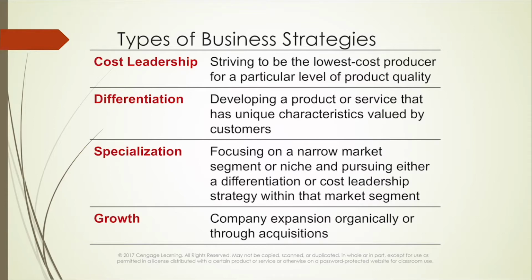Growth. That's where the company expands organically or through acquisitions. And back in the 70s, we had a state of business called conglomerations, where people were just buying up different companies from different industries. And the idea was that if we have a bad year in one company, we can have a good year in another one, and it would offset the other.